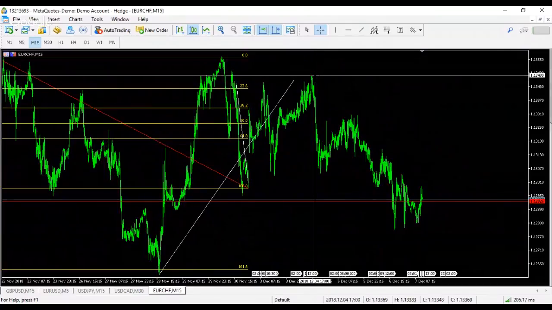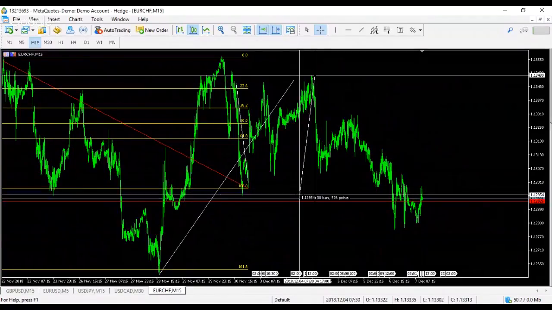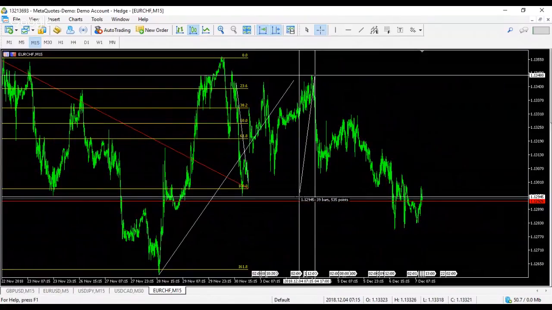Let's see how many pips there is. That was about 503 pips, accumulated over 38 bars. To be accurate, that is over 500 pips, and that is a lot of money, guys.